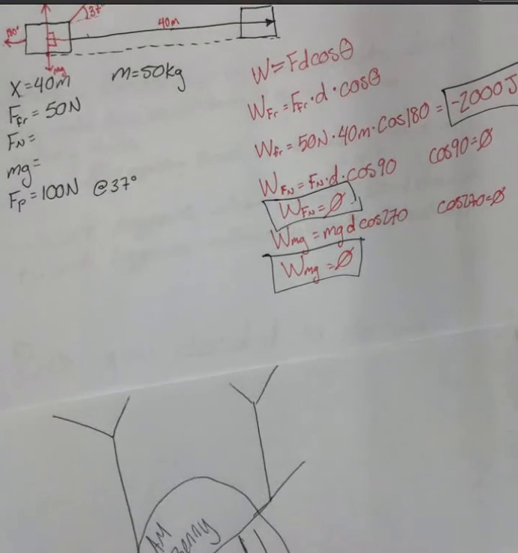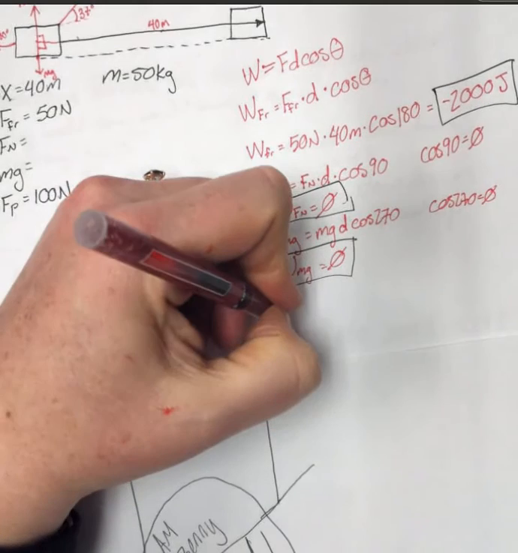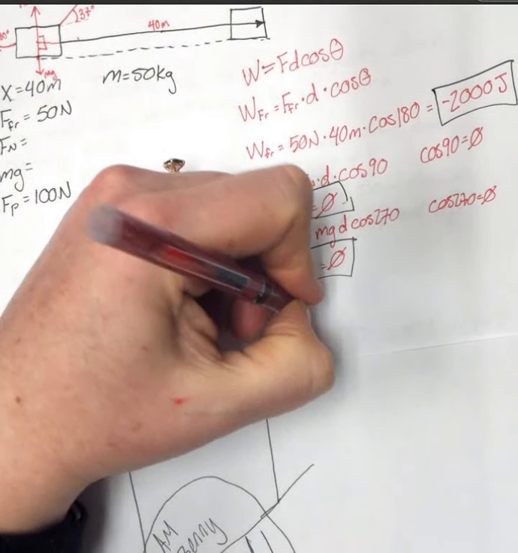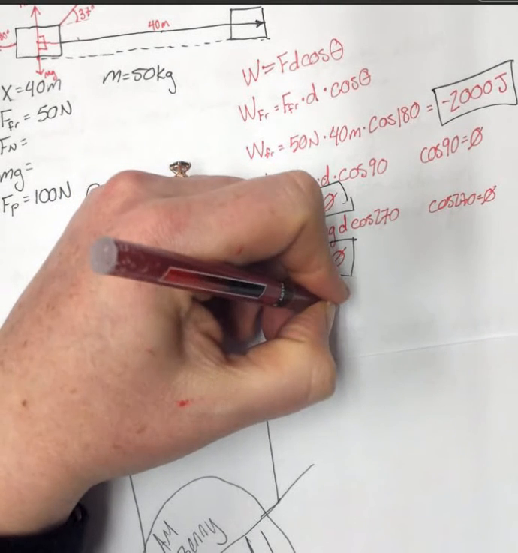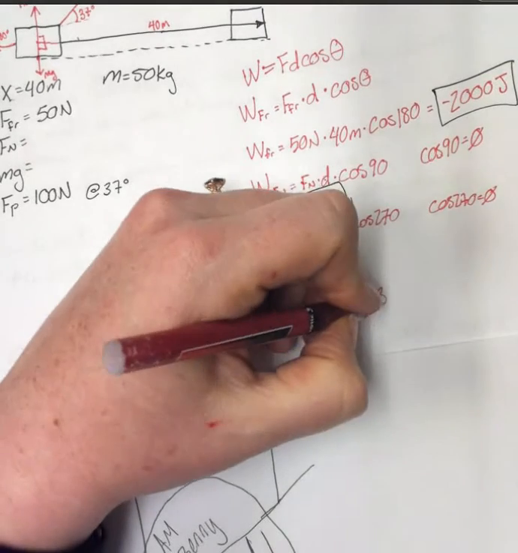So now all that's left is to figure out the work done by the pulling force, which is going to be F, the pull, times the displacement of the object, times the cosine of the angle of separation, which is 37 degrees.